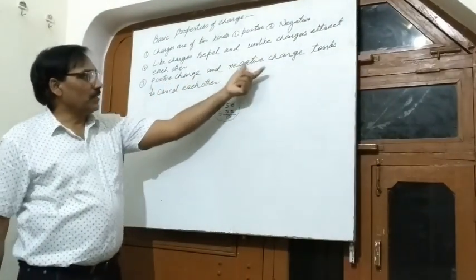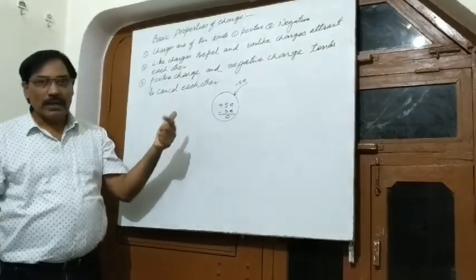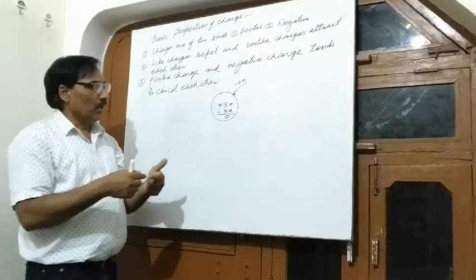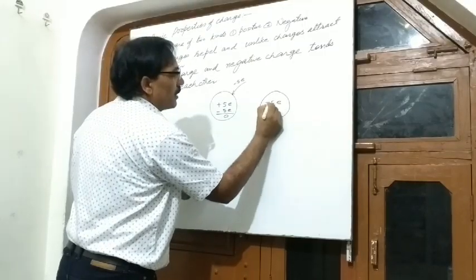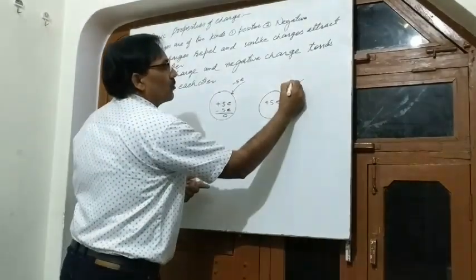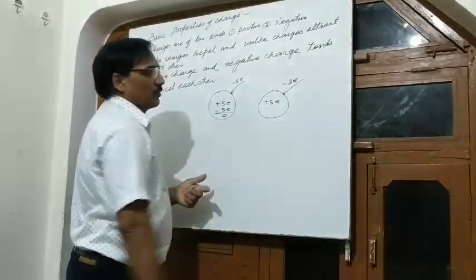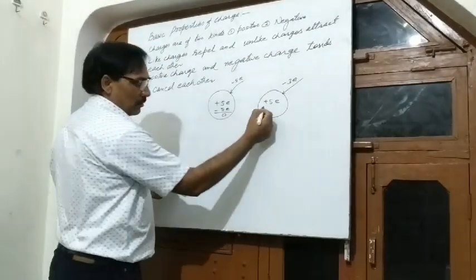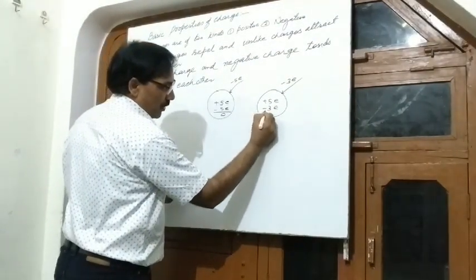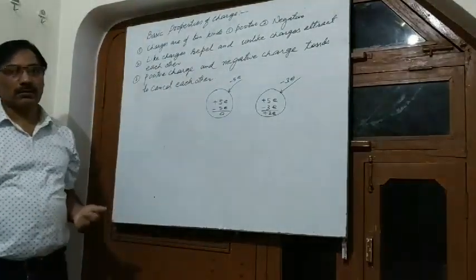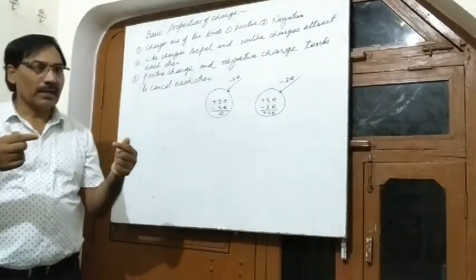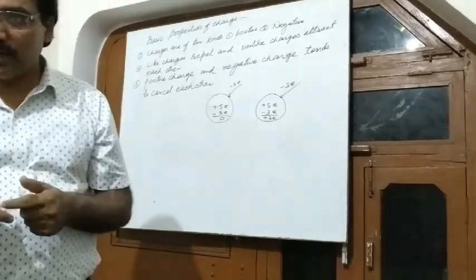Positive charge and negative charge tends to cancel each other. If suppose you have a body, it has charge plus e, and you give minus 3e charge, then net charge will be plus 2e. That is the meaning. The positive charge and negative charge tends to cancel each other.